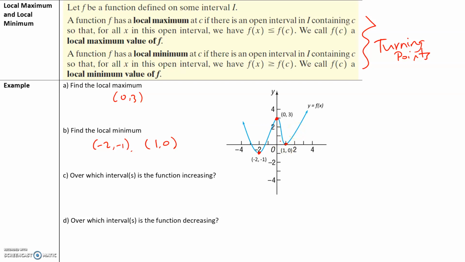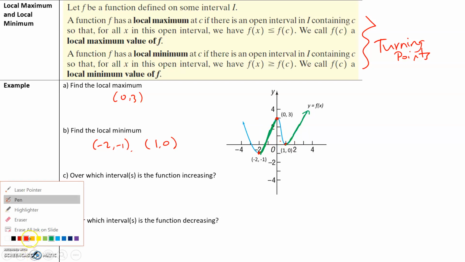Now, over which intervals is a function increasing? Remember, when you're going left to right, if the y values are going up, that's increasing. So the function is increasing here, and also here. On these two intervals, the y values are going up.